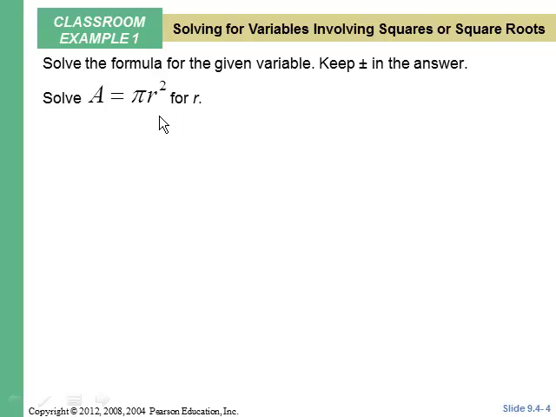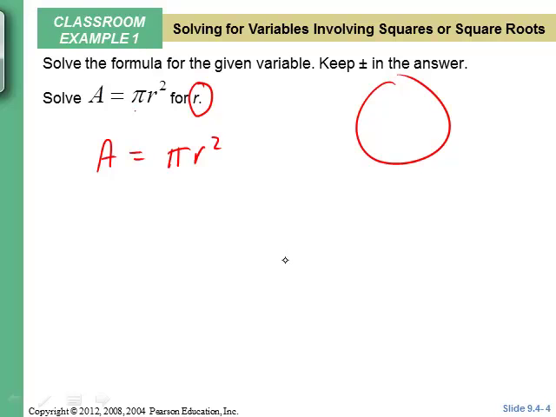So when are we going to use these squares and square roots? Like, for instance, in this one, solve this formula for r. In other words, we want r all alone. So we can take the area is pi r squared, which we know is the area of a circle. Divide both sides by pi, and r squared is area over pi.